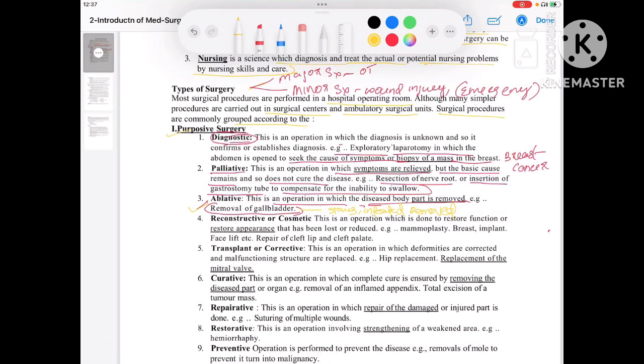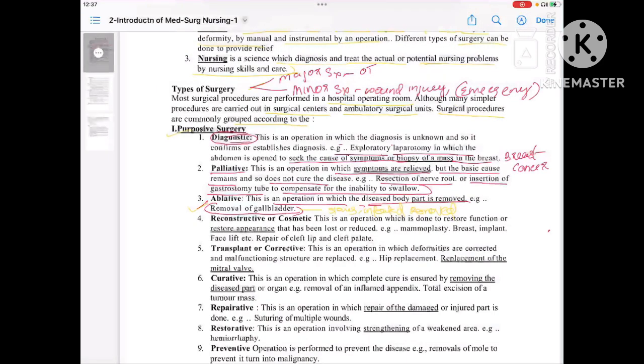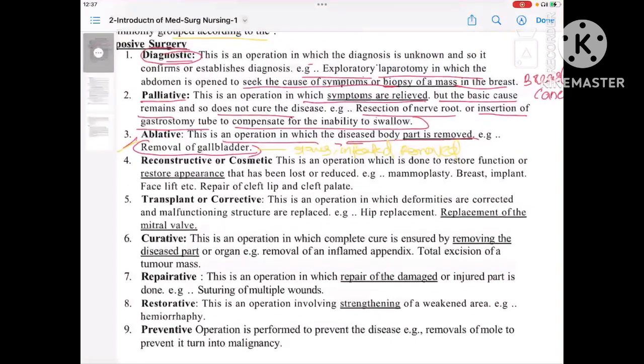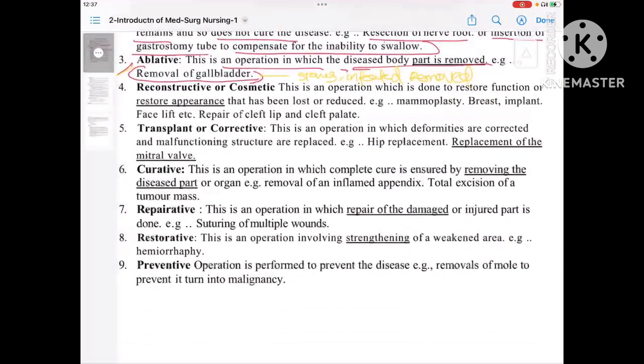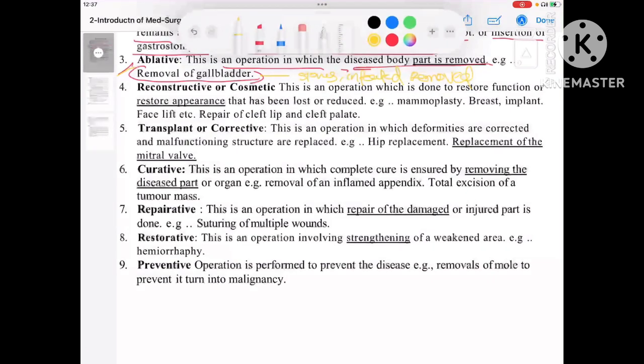And the next one is reconstructive or cosmetic surgery. I hope you know about cosmetic surgery. Mainly this surgery is done for film stars and VIPs.